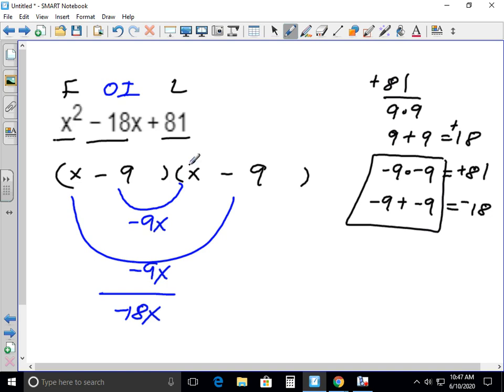The key, and hopefully they told you this in the video, is that if that sign is positive, we either need 2 positives or 2 negatives. So we look at the middle term to make the choice. Positive times positive is positive, negative times negative is positive, so which one do we use? If that middle one is negative, then we have to pick the 2 negatives. And that's what we have, 2 negatives.